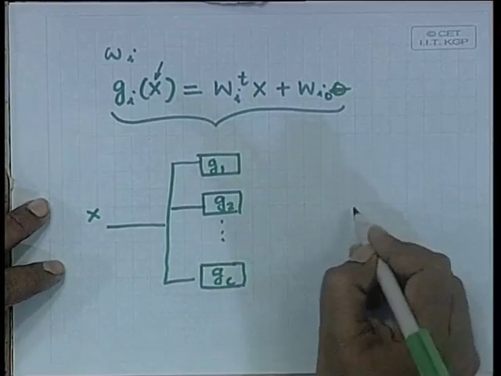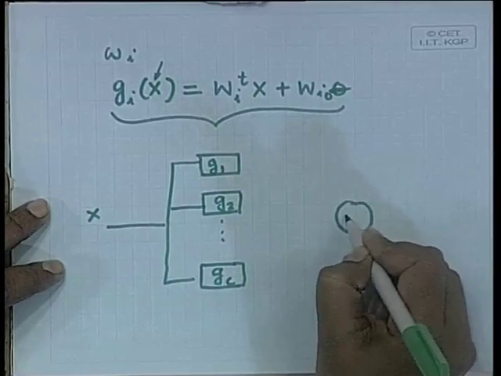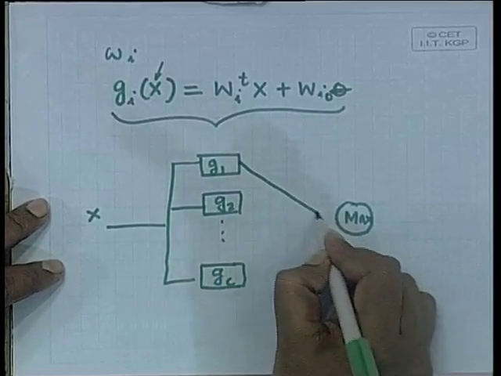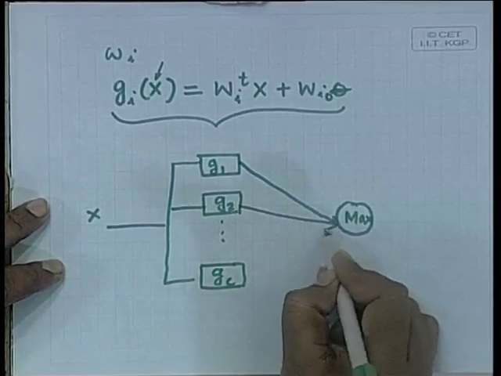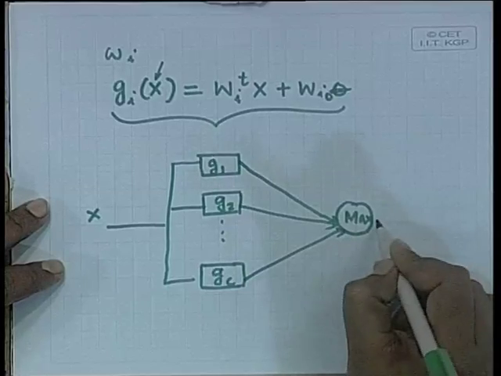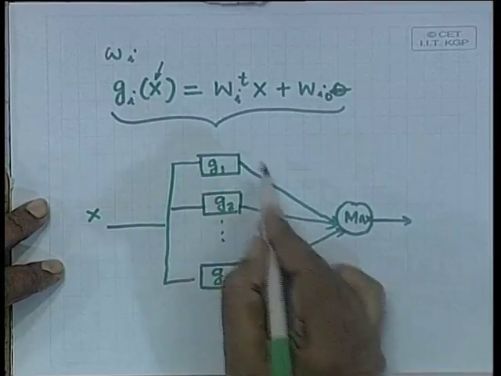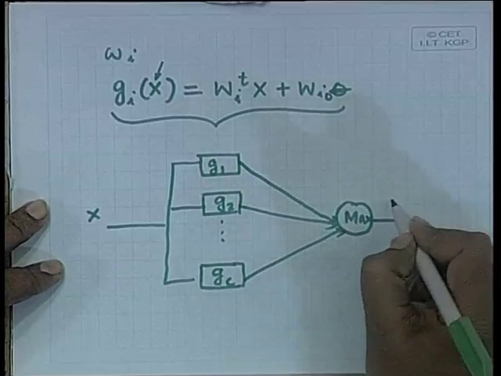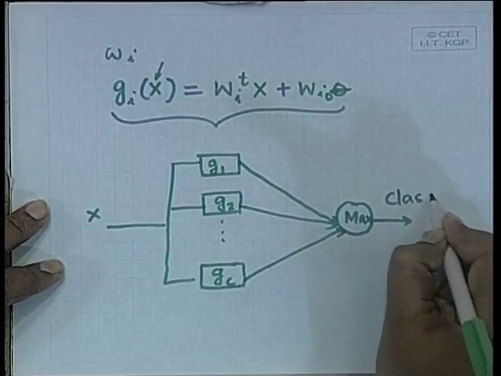Then I have a max selector. All these outputs come to this max selector, and depending upon whichever discriminant function gives the maximum value, this gives you the class identification.